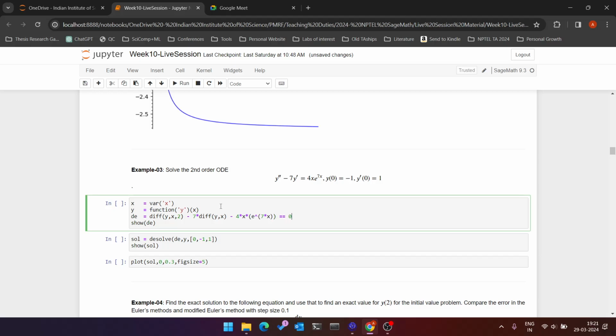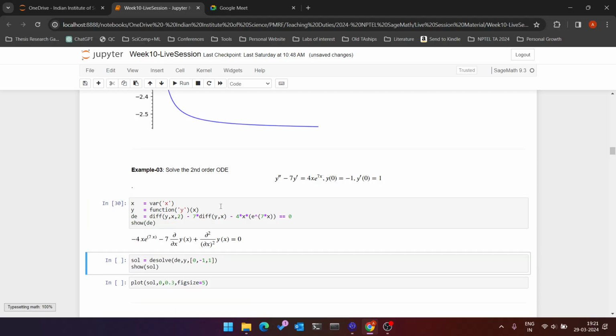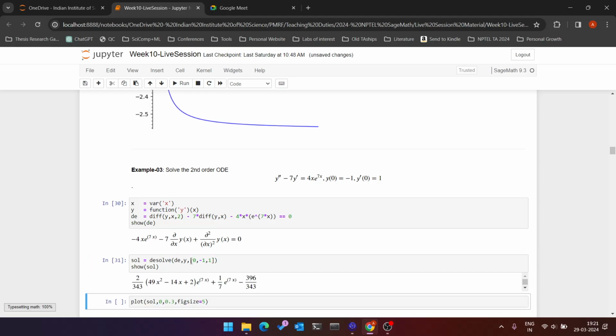This whole thing going to 0 is my differential equation, right? So it matches with what we have. Next, we will solve this using the solve command, provided the differential equation, dependent variable y, and initial condition y at x equal to 0, y equals -1, whereas y dash equals +1.